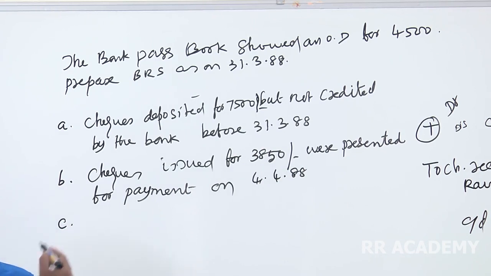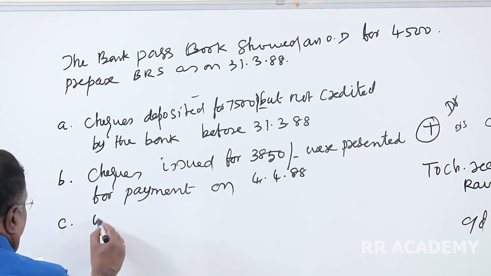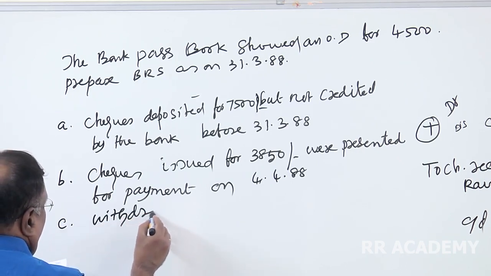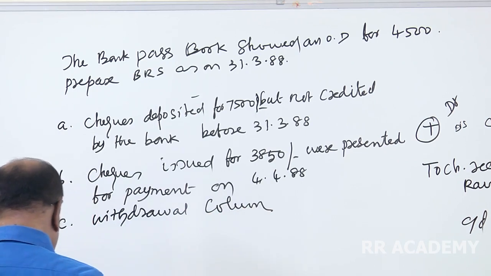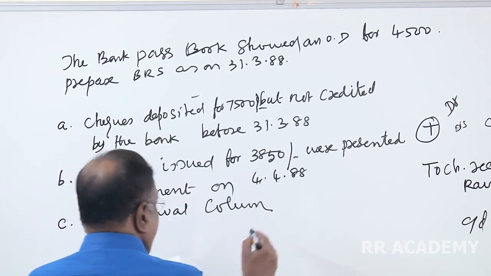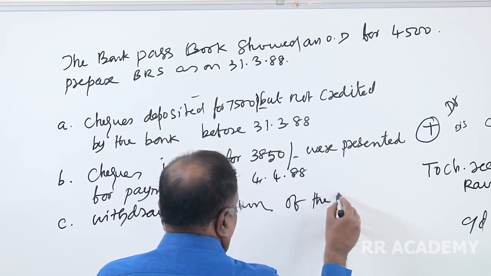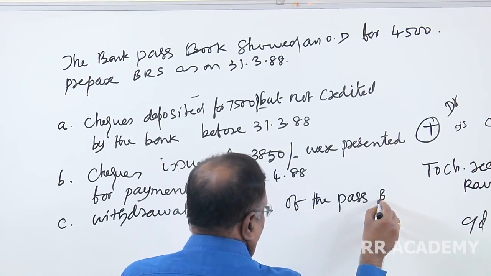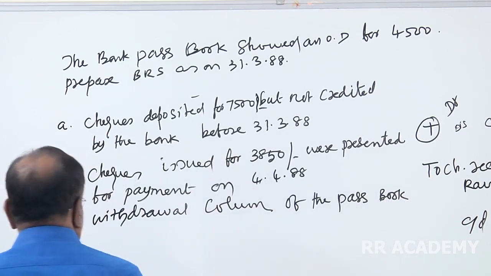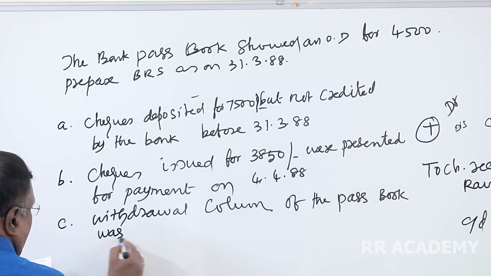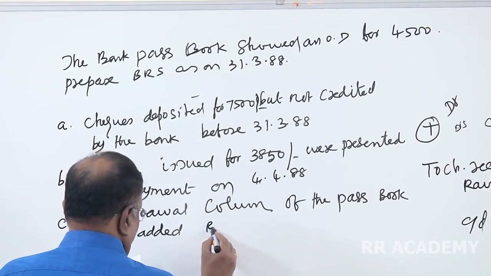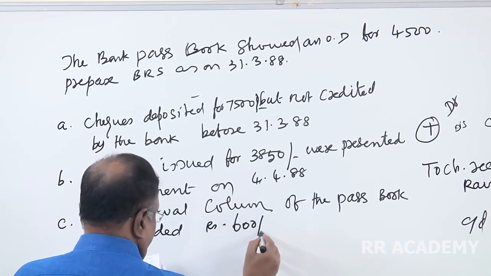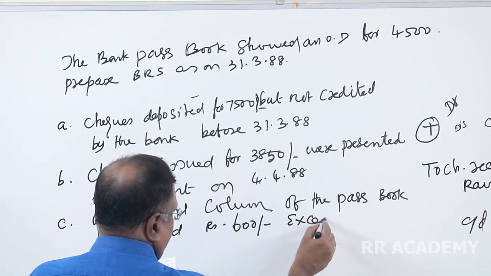Next, C. Withdrawal column of the passbook was added rupees 600 excess.